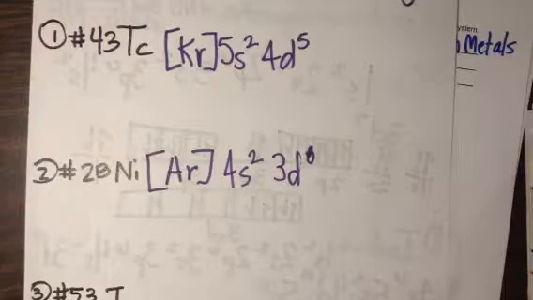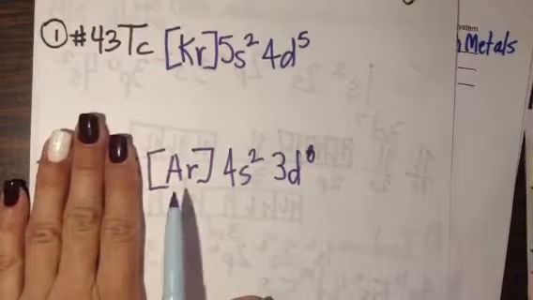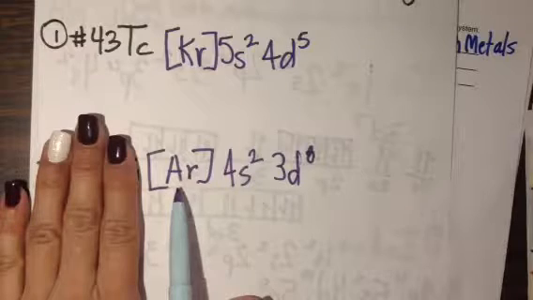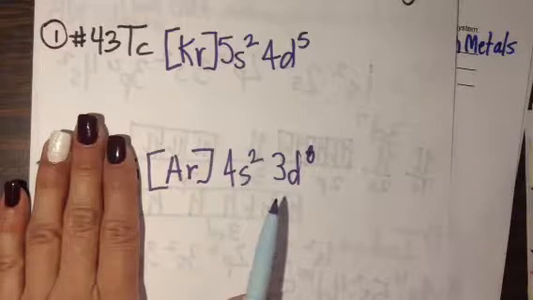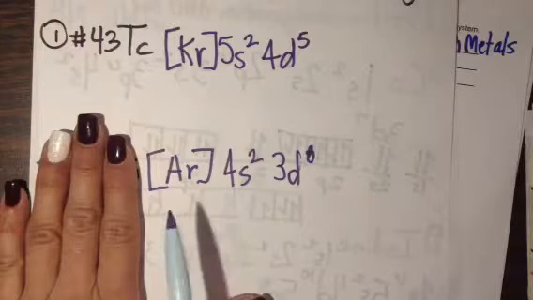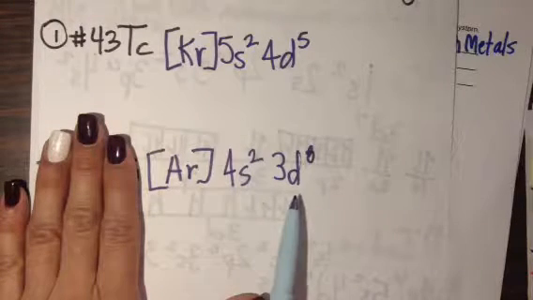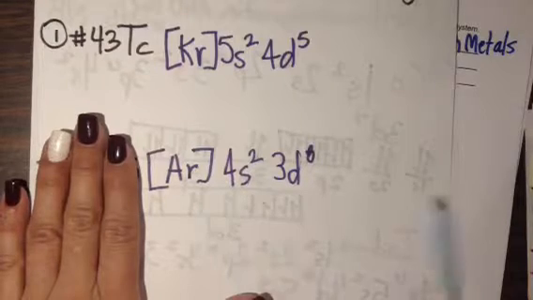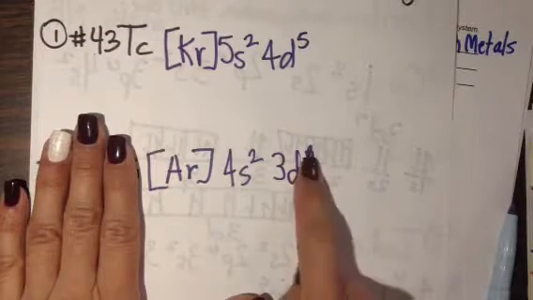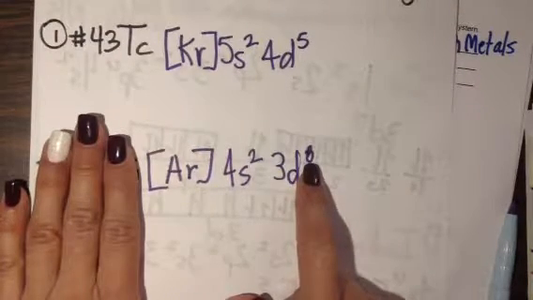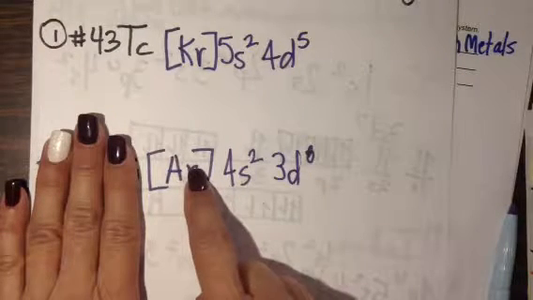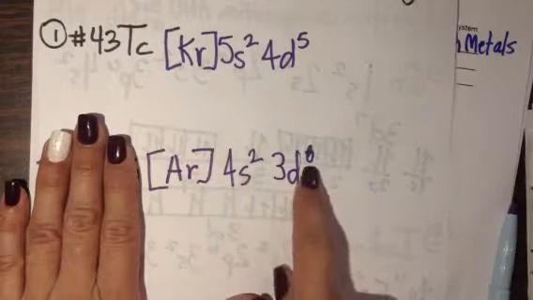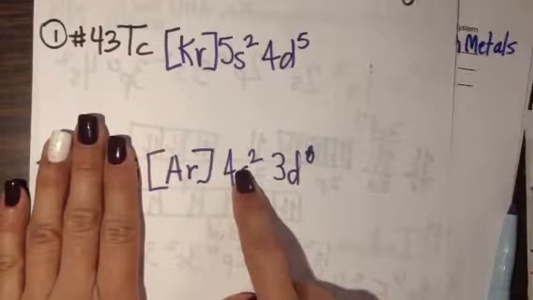Sometimes it'll just have Ar 4s2 3d8 and ask you to identify the element. What you would do is go to argon and then count these out. Or if you don't remember energy levels, count the little exponents. There's an 8 and a 2. So that's 10.